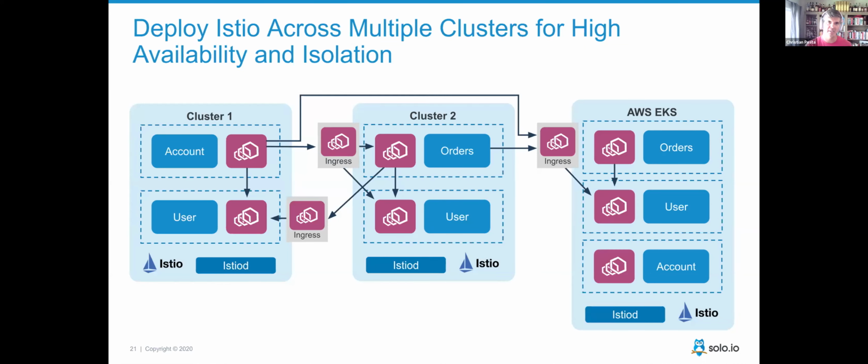Another thing is when you're running Istio beyond one cluster, maybe across multiple clusters, the configurations that it takes to make this successful, things like adding service entries to enable service discovery, things like adding the right virtual services on the right clusters. Because we know that if the account service in cluster 1 needs to talk to the user service, there might be instances of the user service on cluster 1 as well as across multiple clusters.